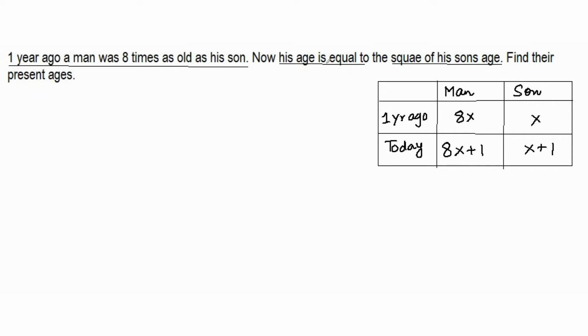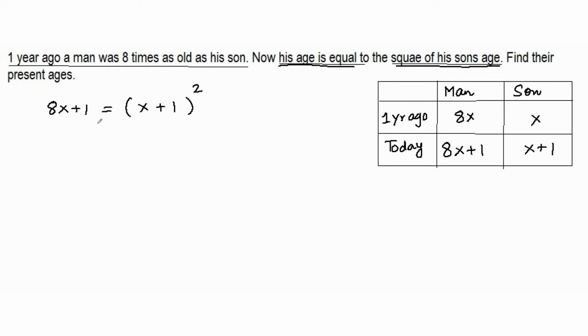So now let's see what is the condition that is given. Now his age is equal to the square of his son's age. That means the man's age today, that is 8x plus 1, is the square of the son's age, that is, x plus 1 the whole square. This is the condition right now.